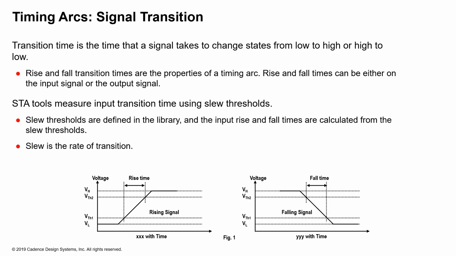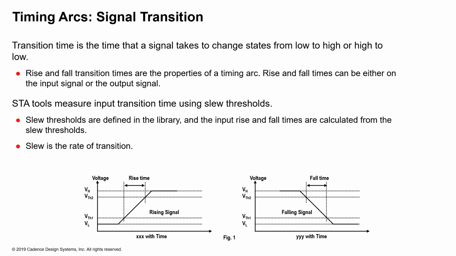Usually, rise time and fall time are measured between 10 and 90% or 20 and 80% of your input signal or your output signal. Technically, the rate of transition is measured in volts per nanosecond, and it's called slew. Transition times, such as rise and fall times, are measured in terms of time, typically nanoseconds.